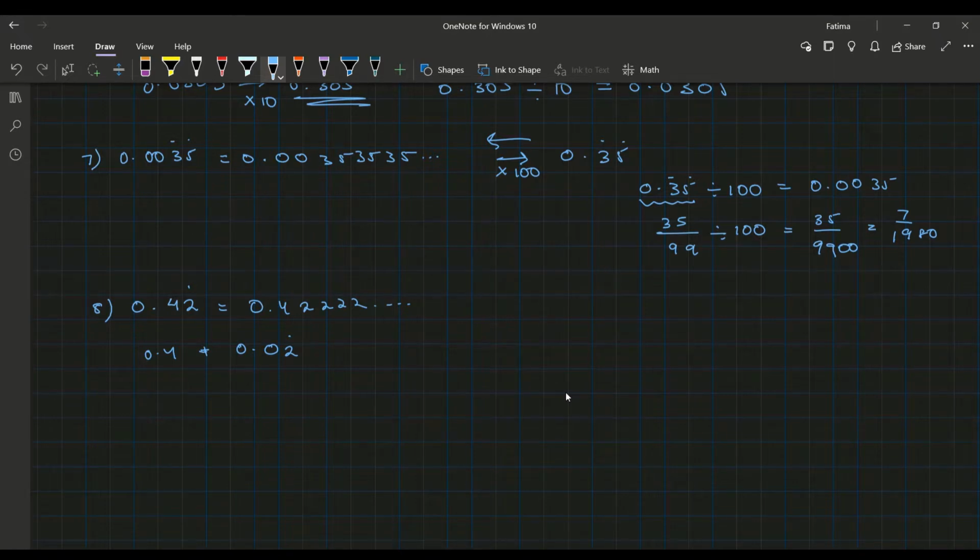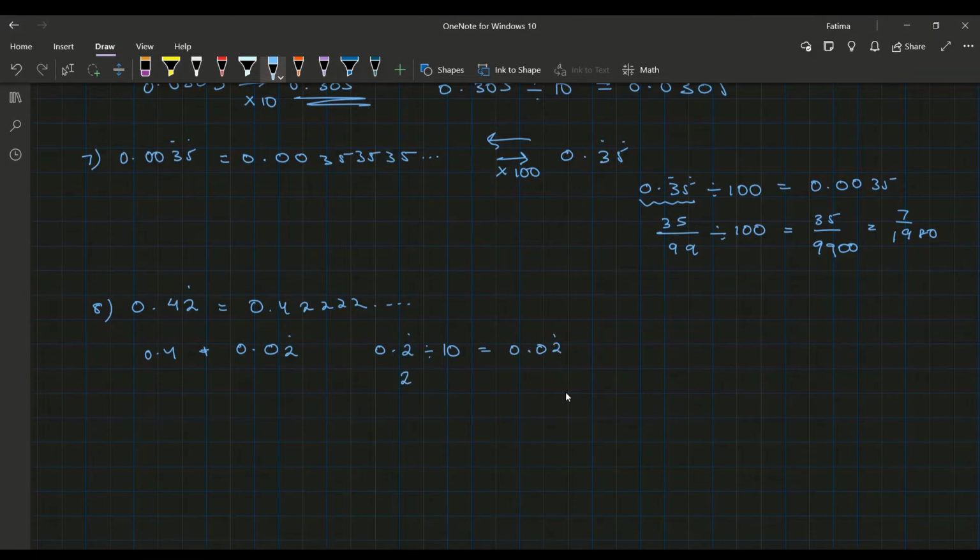Now, because the 2 isn't right after the decimal place, I would have to write it in the form where it is. Basically, I would have to write it as 0.2. And the way I would have to equate 0.2 to 0.02, I would have to divide it by 10, as I've mentioned in question number 6, question number 7, and I think also question number 5, because that would give me 0.02.